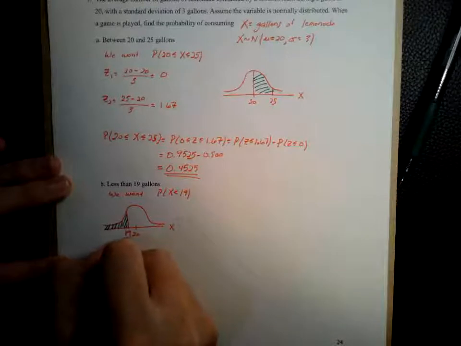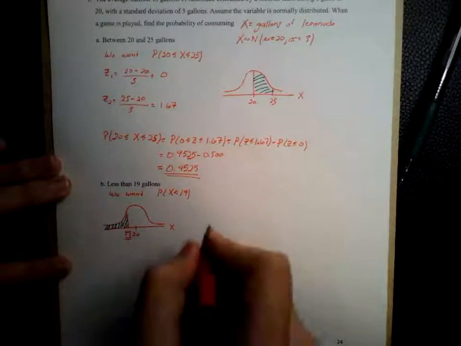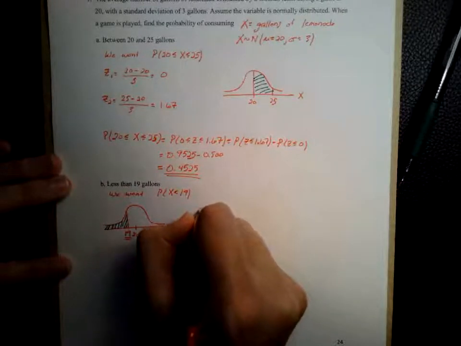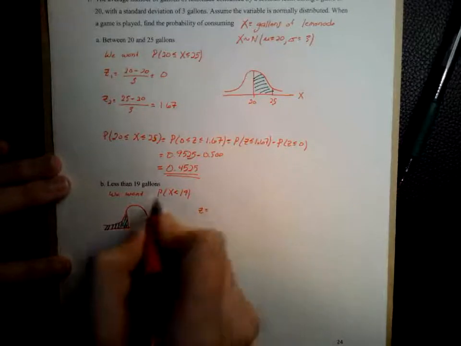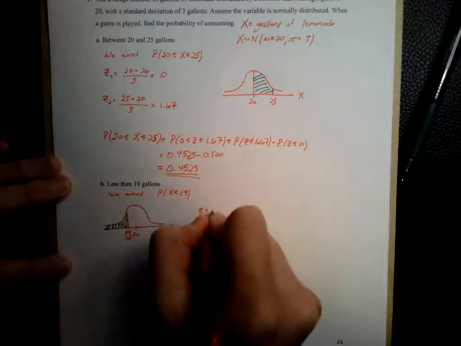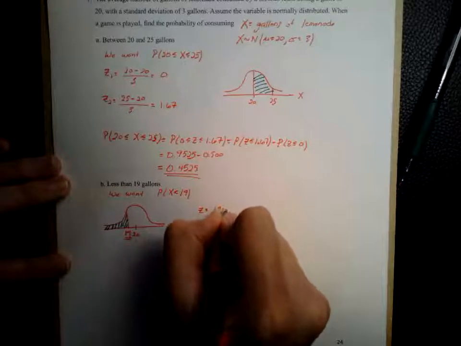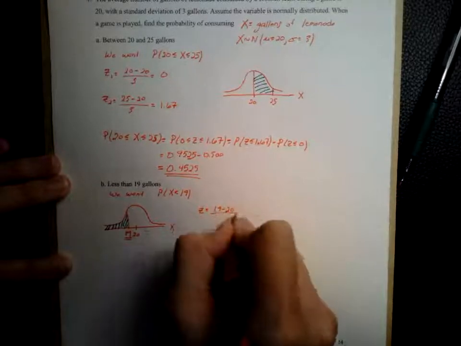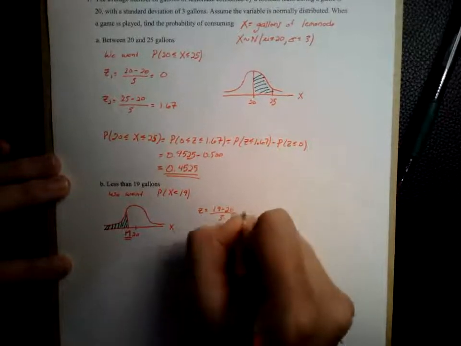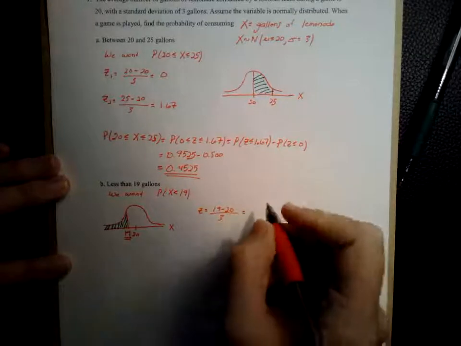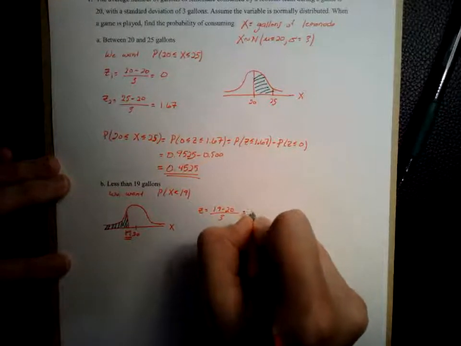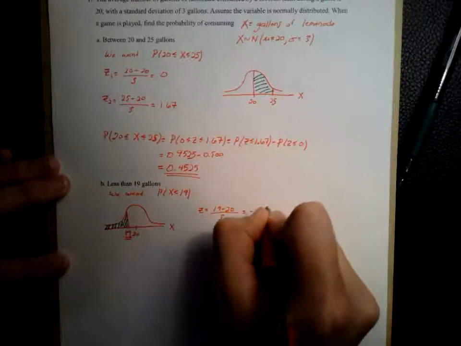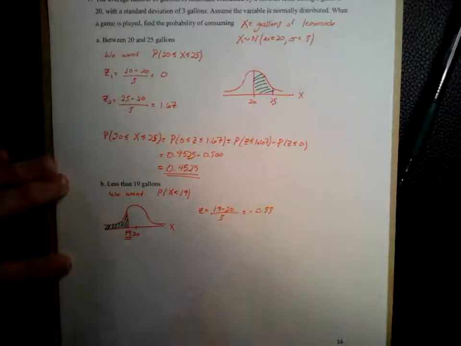Let's find the z-score corresponding to 19 first. To do that, z is equal to the data value we're interested in, 19, minus the mean of 20, divided by the standard deviation of 3. To 2 decimal places, this is negative 0.33.